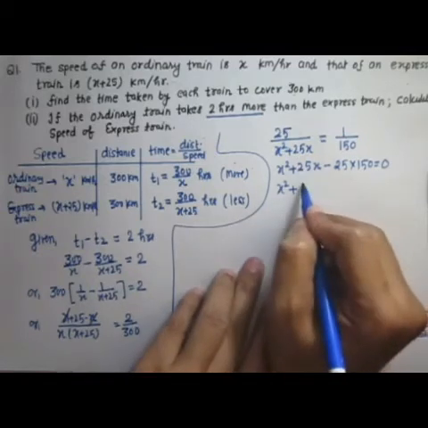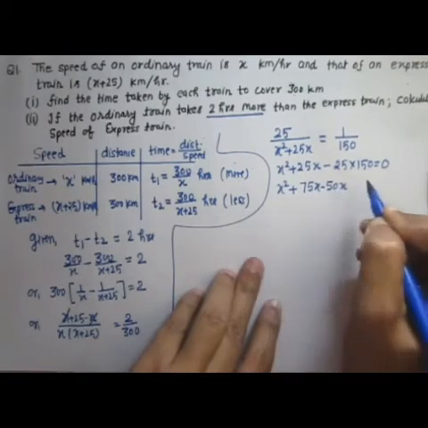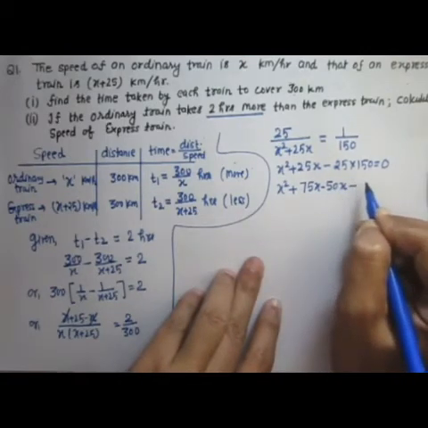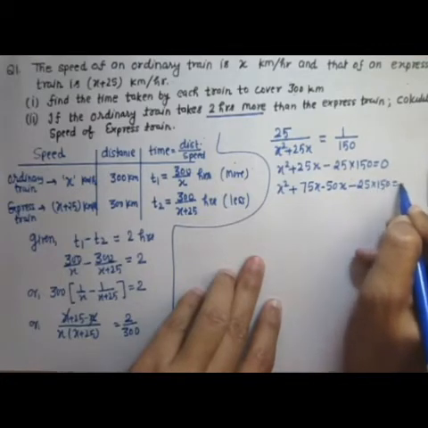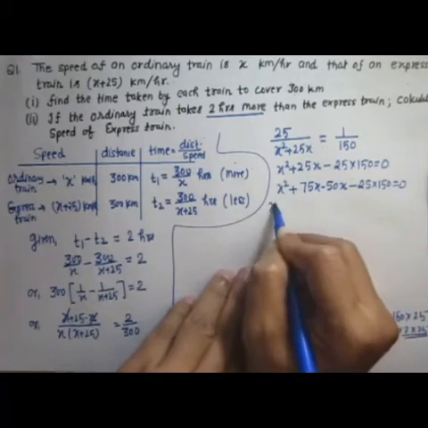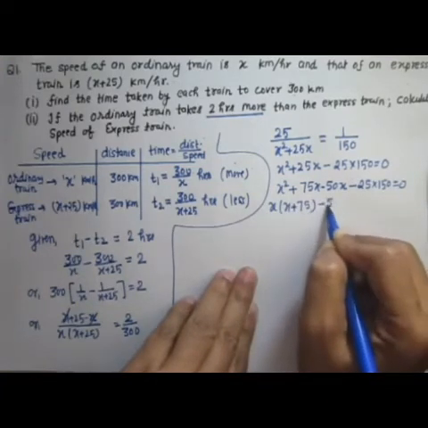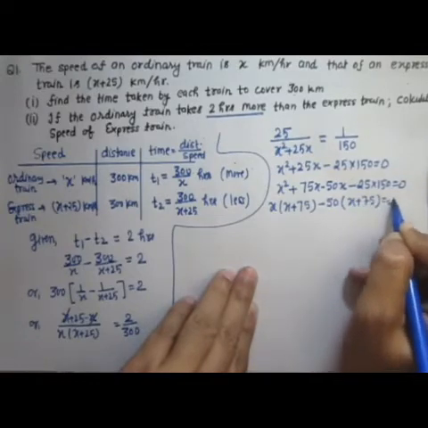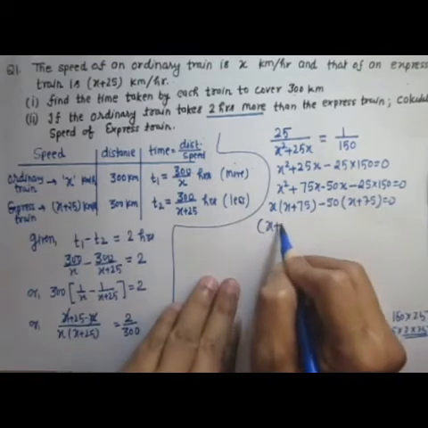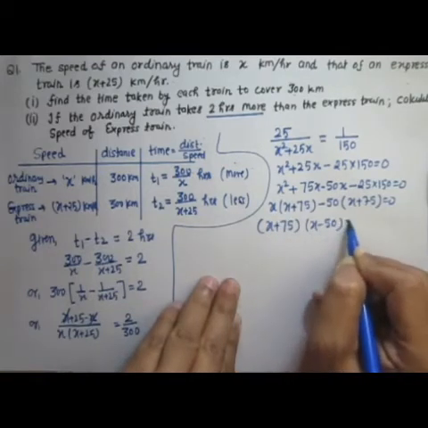So 25x can be written as 75x minus 50x and minus 25 into 150 is equal to 0. Now taking x common, x plus 75, minus 50 taking common, x plus 75. So x plus 75 into x minus 50 is equal to 0.